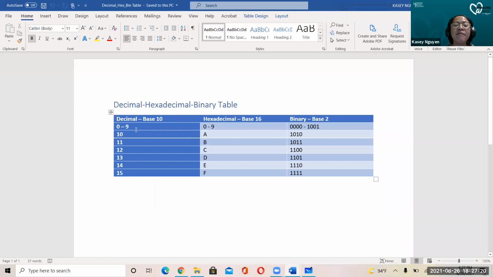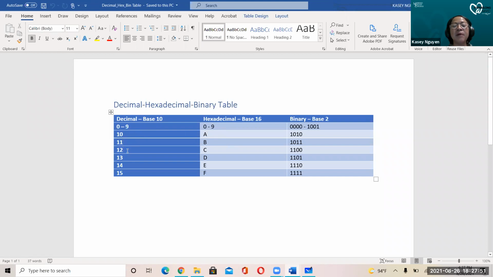So when you have the decimal numbers 0 through 9, it's exactly the same in hexadecimal. But when I have the number 10 in decimal, in hexadecimal it will be A. 11 in decimal, hexadecimal will be B. So when I give you a hexadecimal value B, you know that will be 11 in decimal.